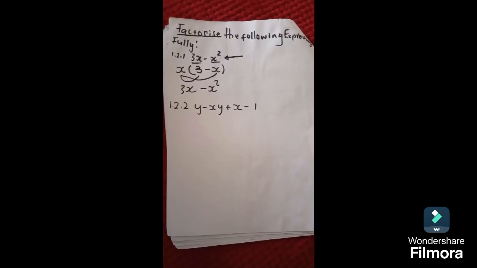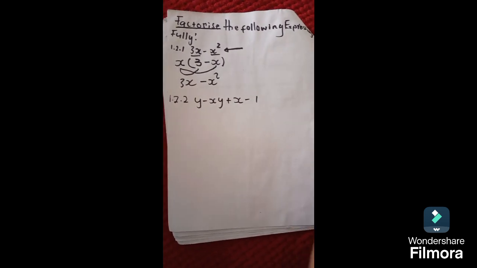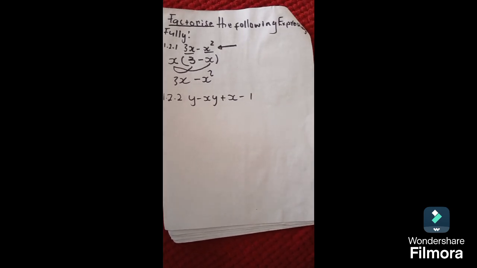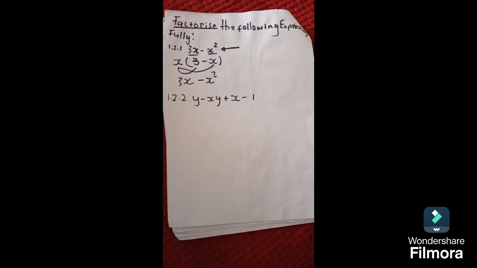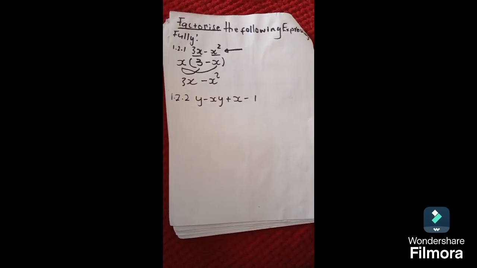So continuing to 1.2.2, we have an expression here. So how do you go about solving this? Let me first tell students that in mathematics there are a lot of ways to kill a cat. There are several ways that you can kill a cat.